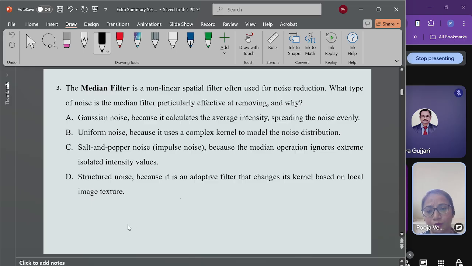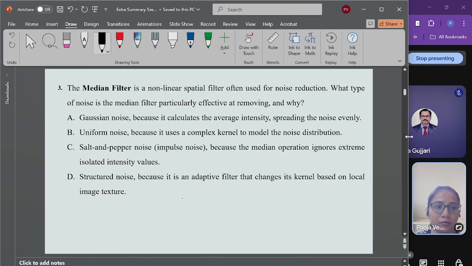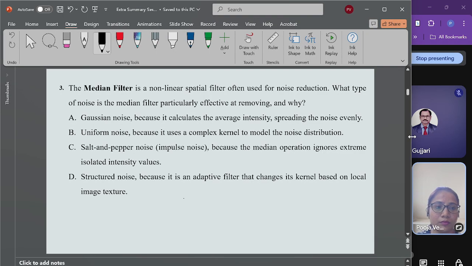So does any one of you have an answer for this question? Which option can be the correct one? Please try to answer this question. The median filter is a nonlinear spatial filter often used for noise reduction.